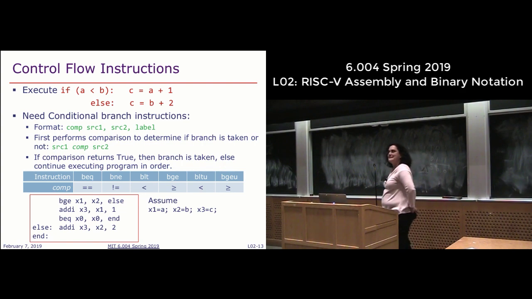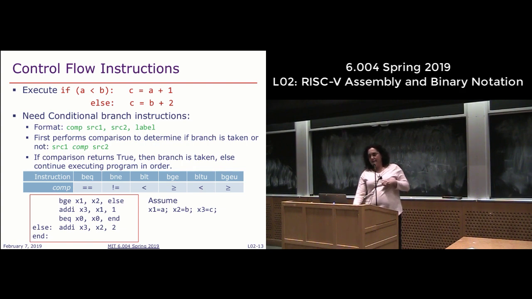If it's less than B, I don't want to take the branch, which means I have to figure out the reverse of that comparison. And so I want to take the branch if A is greater than or equal to B. That's what this BGE instruction is saying: if x1, which contains A, is greater than or equal to x2, which contains B, then I'll go to this else, okay?